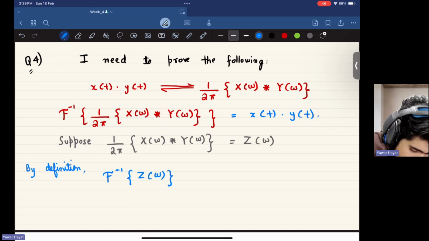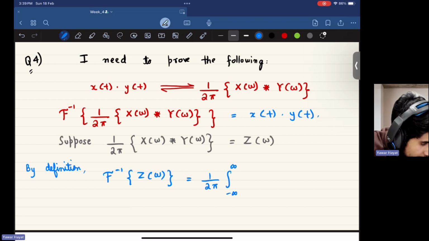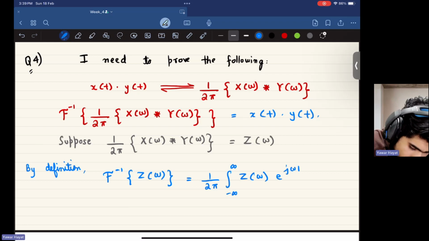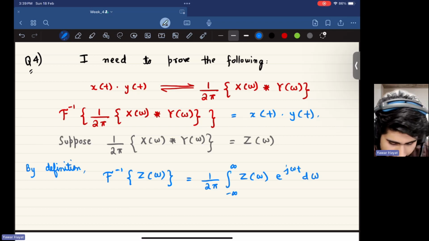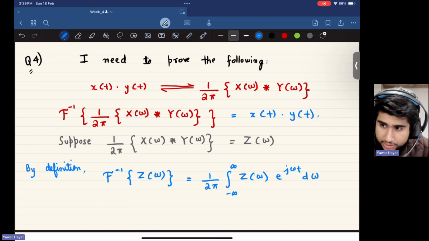The inverse Fourier transform of Z of omega would be 1 over 2 pi, integral from minus infinity to infinity, Z of omega e to the power j omega t d omega. That is what the inverse Fourier transform of Z of omega is by definition.